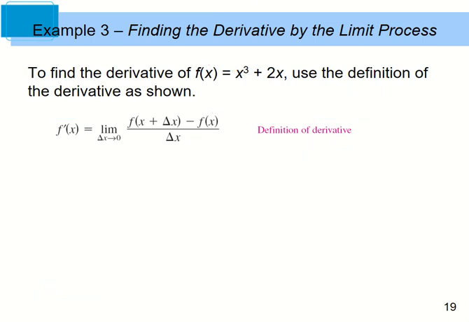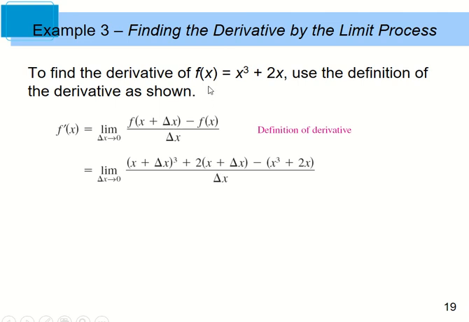Okay, let's revisit again what happened when we actually use the first principle to solve this. We are going to substitute x plus delta x into the function. So we will have (x plus delta x) to the power 3 plus 2 times (x plus delta x).